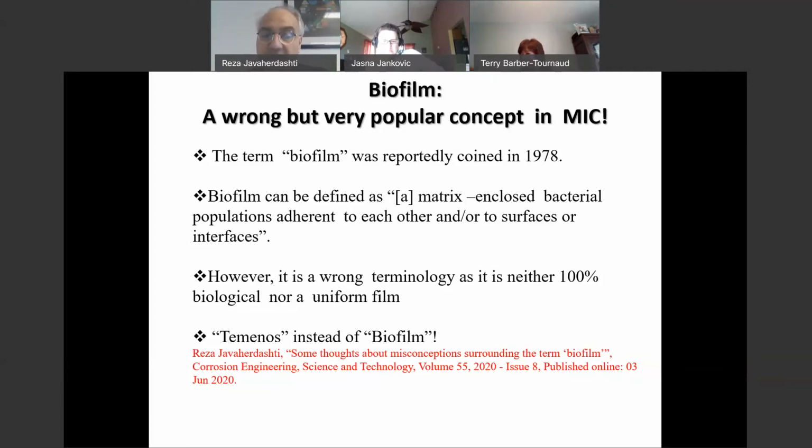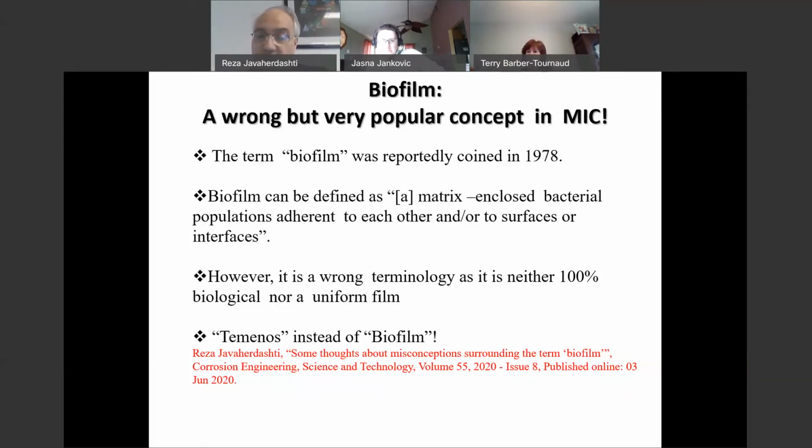That's why in my paper in June 2020, I suggested the word temenos instead of biofilm. Temenos is a Greek word that means cut off. It is to emphasize the fact that conditions under the biofilm are far different from conditions beyond the biofilm. Beyond the biofilm, you could have pH 7. Under the biofilm, you could have pH 3.